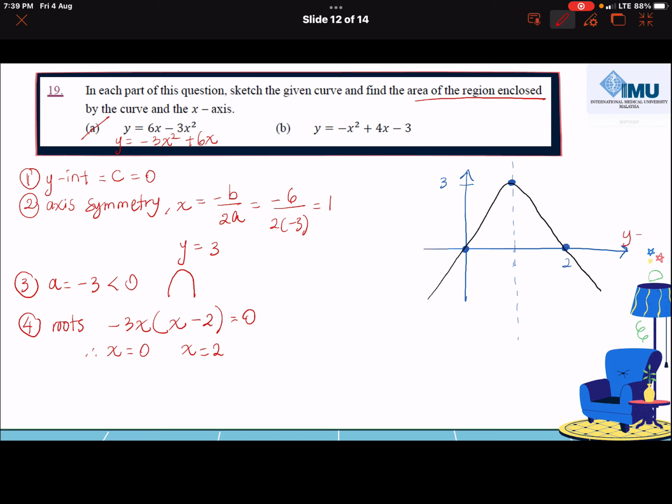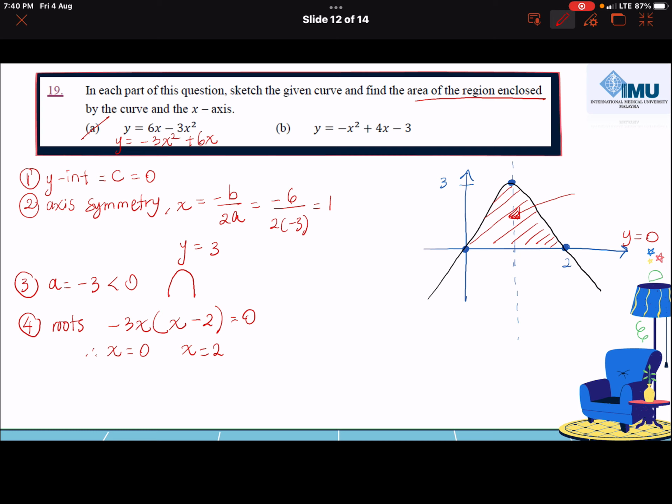X-axis is basically when y equals 0, which is the straight line. And then the curve is enclosed up until your x-axis. So you notice the red color will be the area enclosed between the curve and the x-axis.